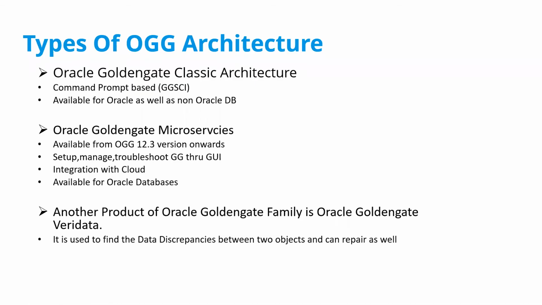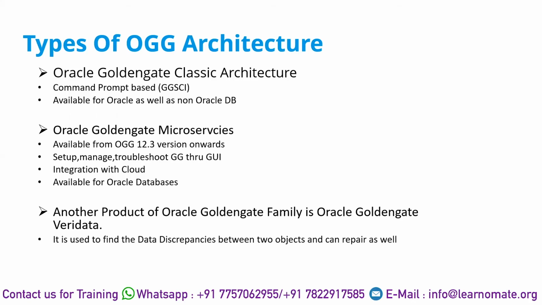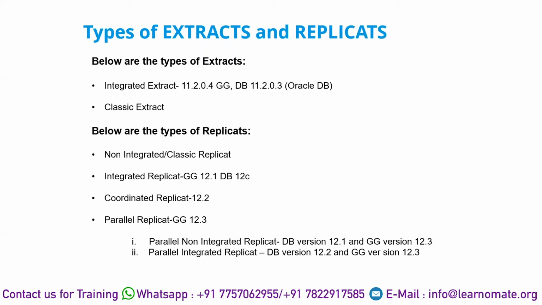So the GoldenGate family comprises classic architecture, microservices, and Veridata. If you find any job related inquiries or any job openings, you will find all the things coming from either classic, microservices, or Veridata. None of the questions go outside of these three.